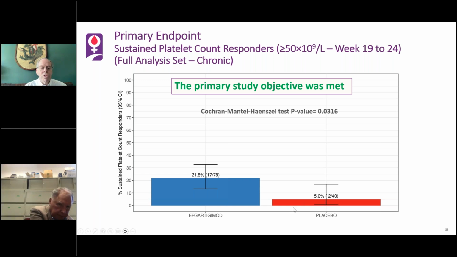And this was significant, and you can see that the primary response here was 22% in the efgartigimod group and 5% in placebo. And this could be blamed on the fact that this was in general a very refractory group of patients, so other disease mechanisms might have had time to creep in.